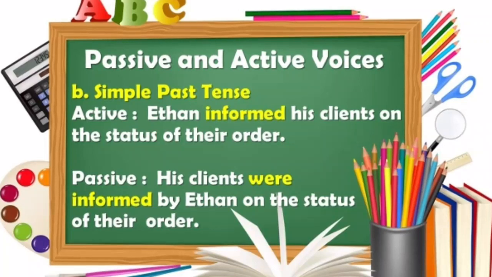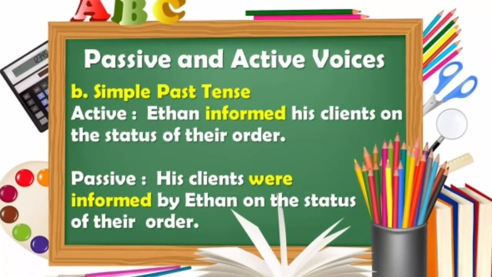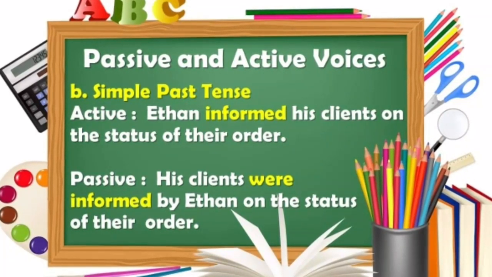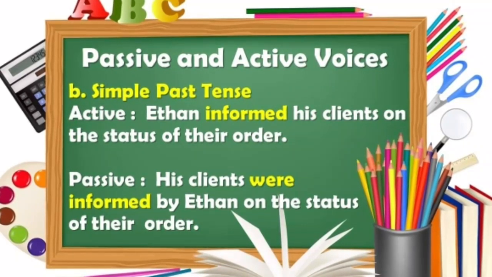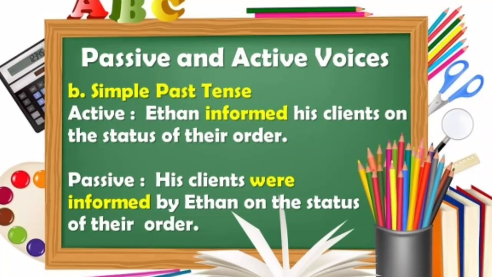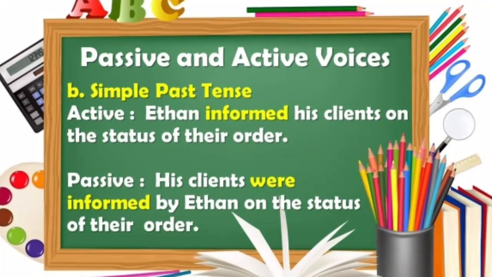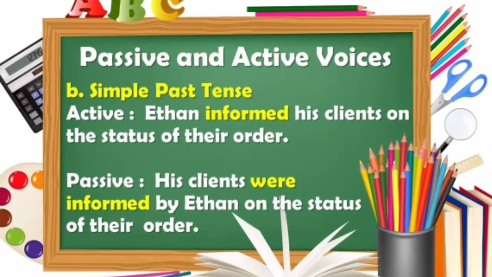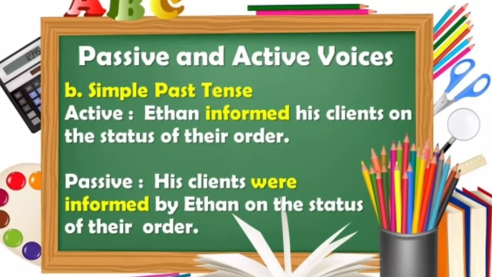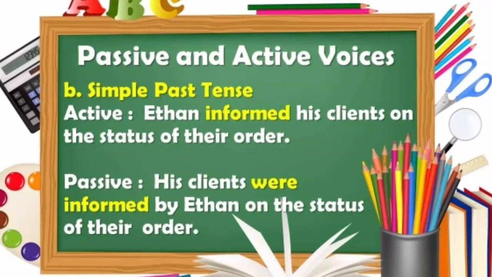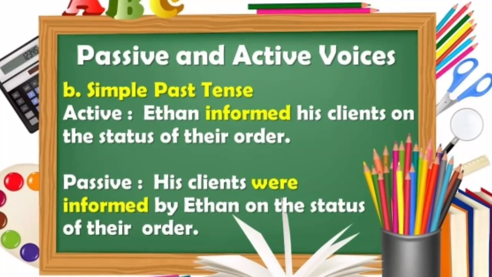If we transform it into passive voice, his clients were informed by Ethan on the status of their order. His clients is the object, were informed is the action, and Ethan is introduced by the preposition by as the subject.